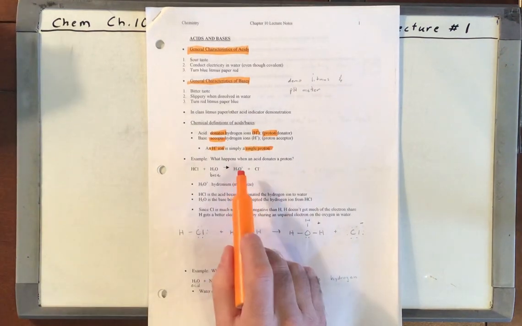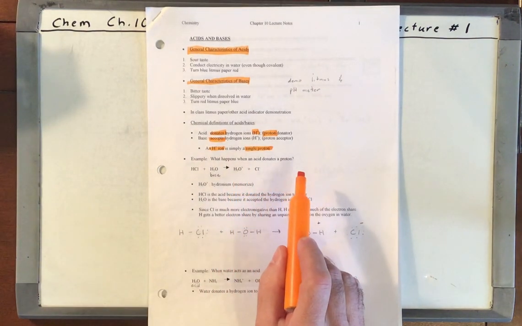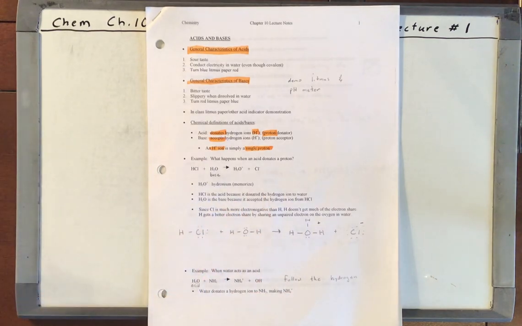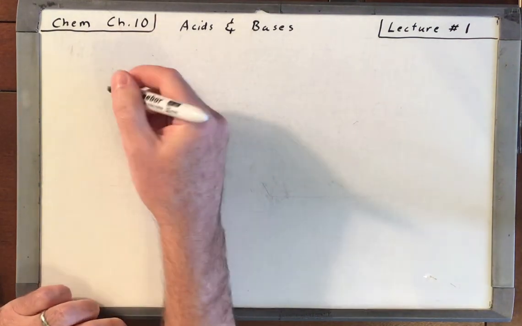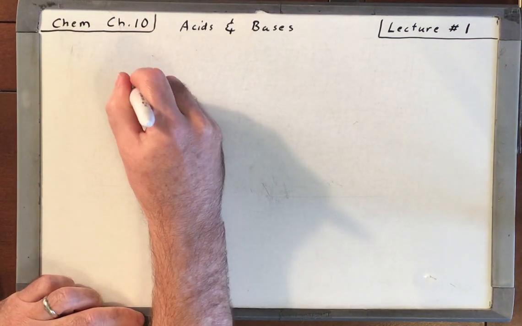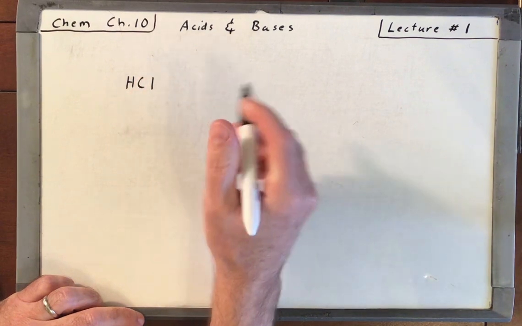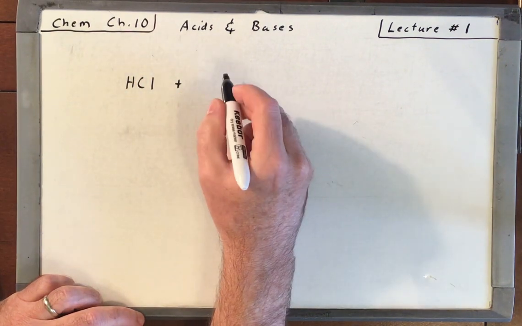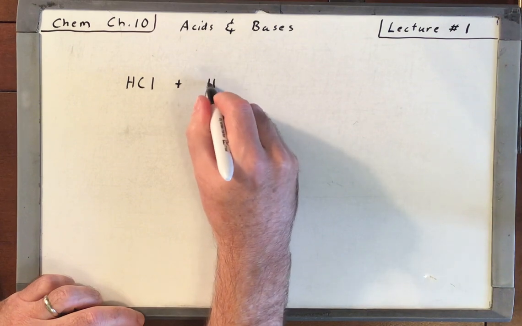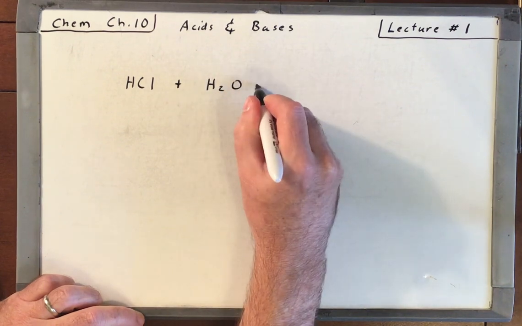So what happens when an acid donates a proton? I'm going to write this reaction out on my whiteboard. Let's say we have HCl, hydrochloric acid, one of the most famous acids, which you'll have to memorize, plus water, which in this case is our base.